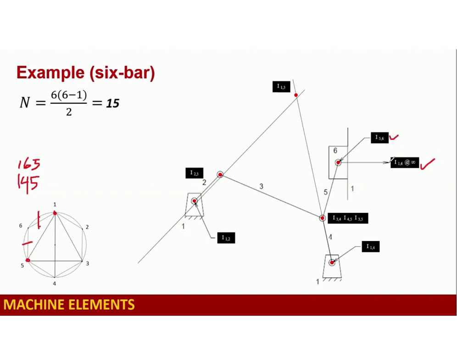So the intersection of this infinite line and this point is a straight line passing in that direction. And then for 1, 4, 4, 5. So we have 1, 4 here, and then 4, 5 here. So this is the same line. As you can see, the intersection between these two lines is at this point. So this is our instantaneous center 1, 5.